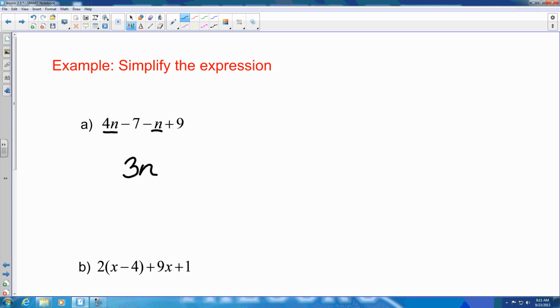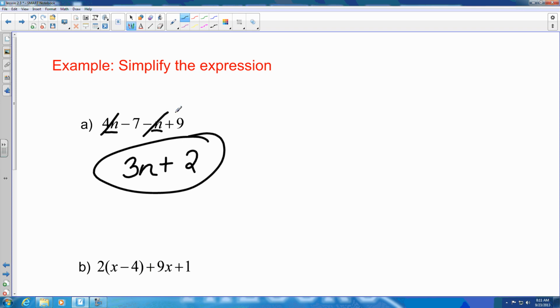And then when I'm done with those terms, I can just X them out because I already simplified those. Now I have a negative 7 plus 9. And negative 7 plus 9 will give me a positive 2, so since it's positive, I'll use plus. Alright?